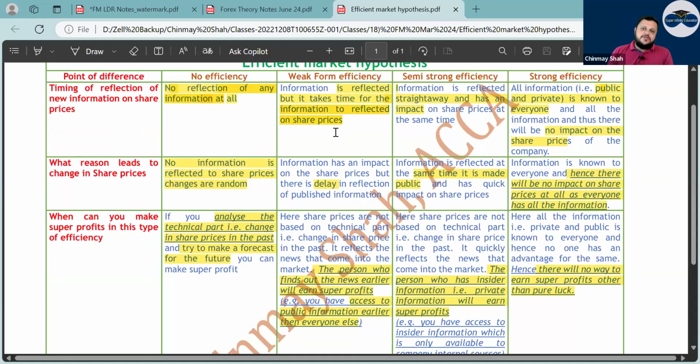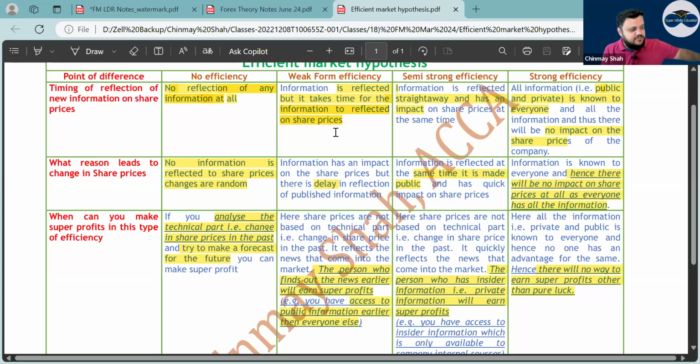If it responds slowly, how efficient is the market? No efficiency means no reflection of any information at all. The stock market does not care, or the rate does not go up or down by any news that is there.